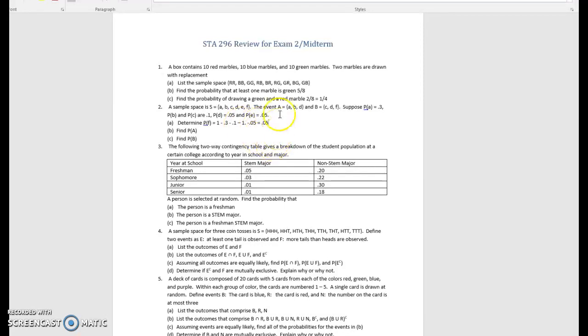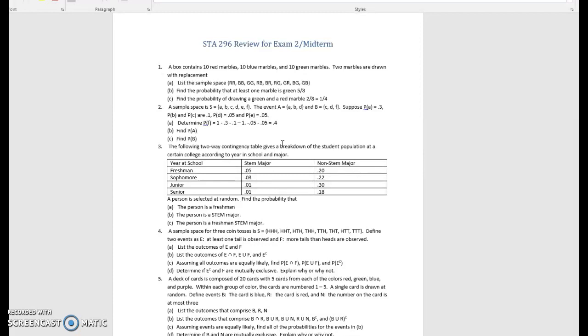And if we do that, oops, there should be a subtraction sign and not an equal sign. If we subtract all of those, we are going to get that the probability of F is 0.4.